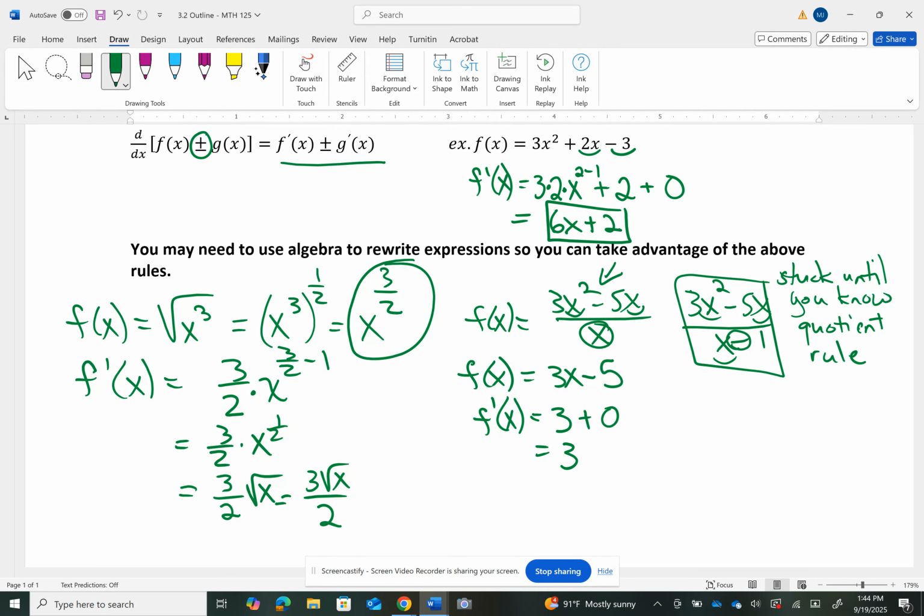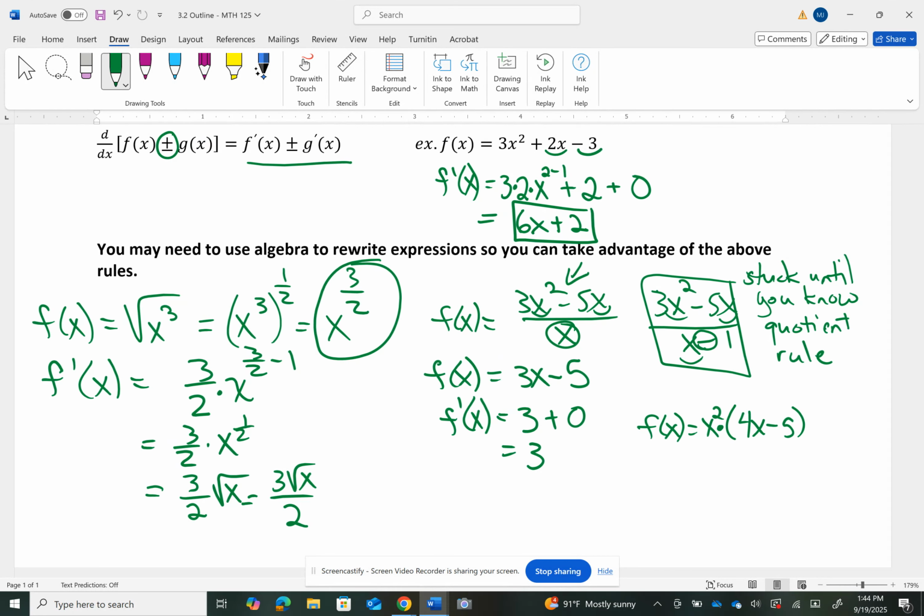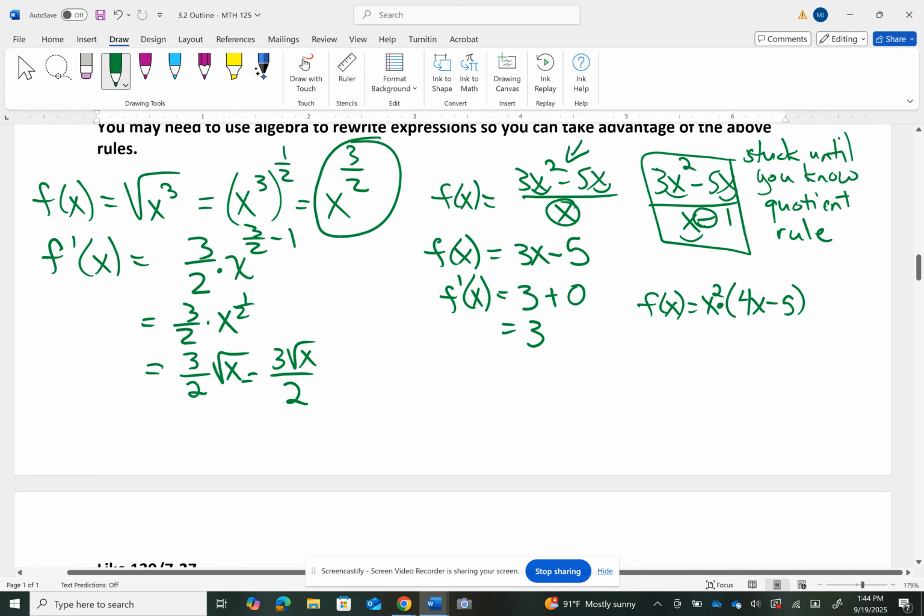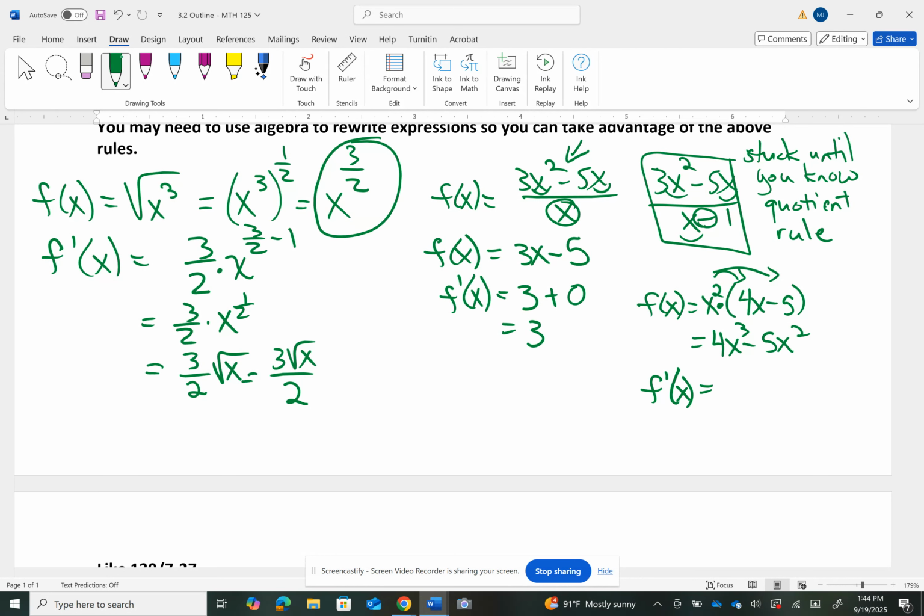Same thing might happen with one like this. What if your function were something like x squared times 4x minus 5? So if I know the product rule, I could use it, and you'll learn that. But even though I know the product rule, my preferred way of doing this would be to rewrite it as 4x to the third minus 5x squared by distributing, and then find the derivative by using those rules that we just talked about.